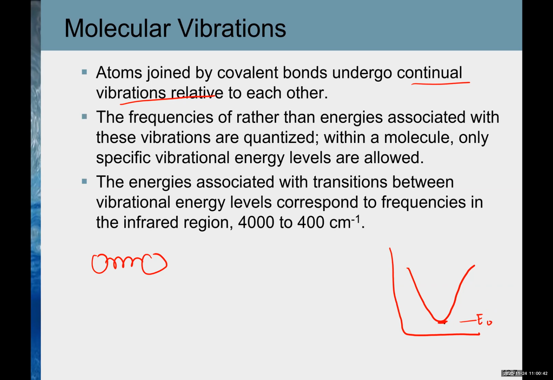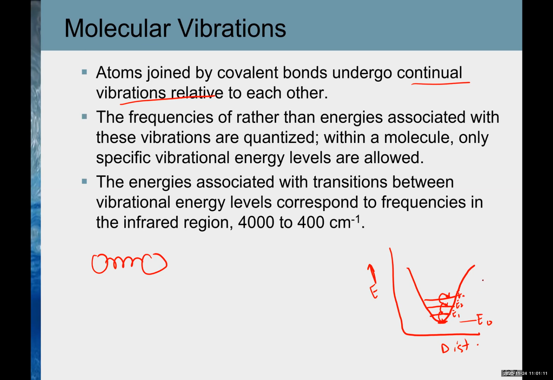We call that E0. That's the stable level. And this is distance, and that's the energy going from this level to the next level. So these are quantized. It means it can only go from E0 to E1, that's the allowed transition, or E1 to E2, or E2 to E3. It cannot go to any random value between E0 and E1. That's the meaning of quantized.